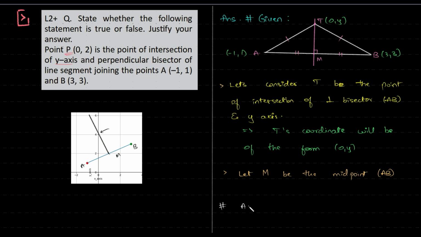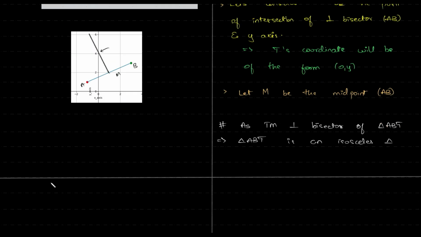So we'll say TM is a perpendicular bisector of AB. This implies triangle ABT is an isosceles triangle with AT equal to TB.